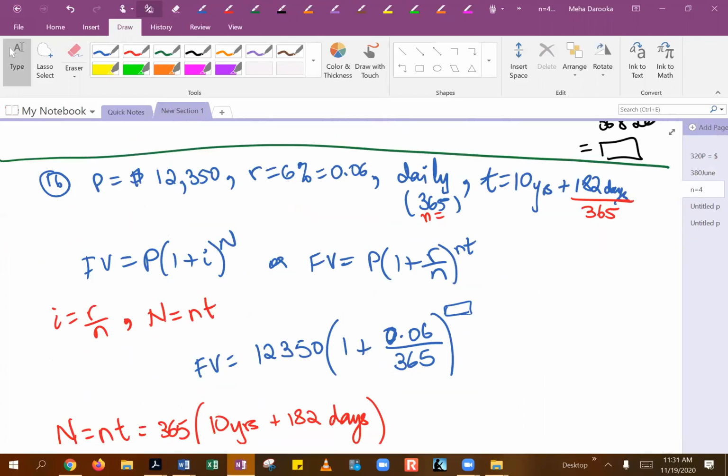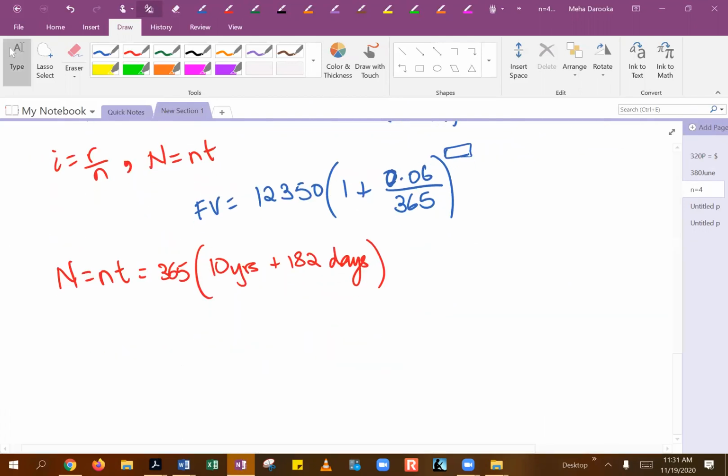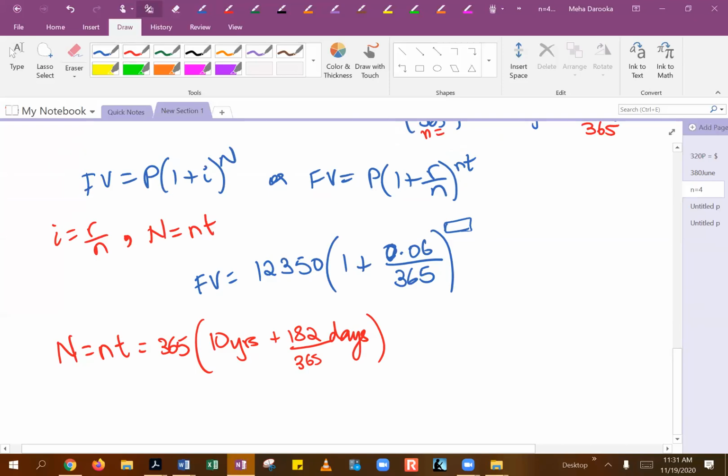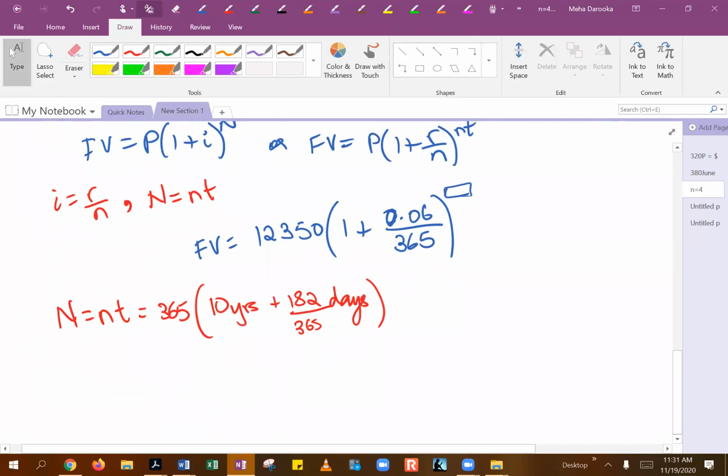So that's actually the same idea over here with the 10 years and 182 days. We would need to divide it by 365. So technically, you should actually have your little division over here with the 365.